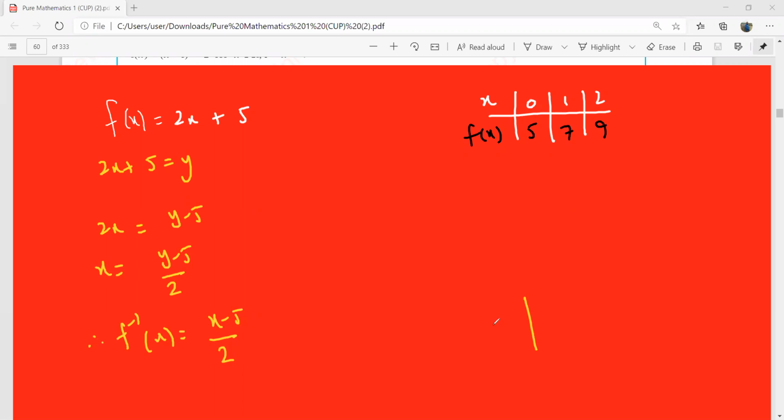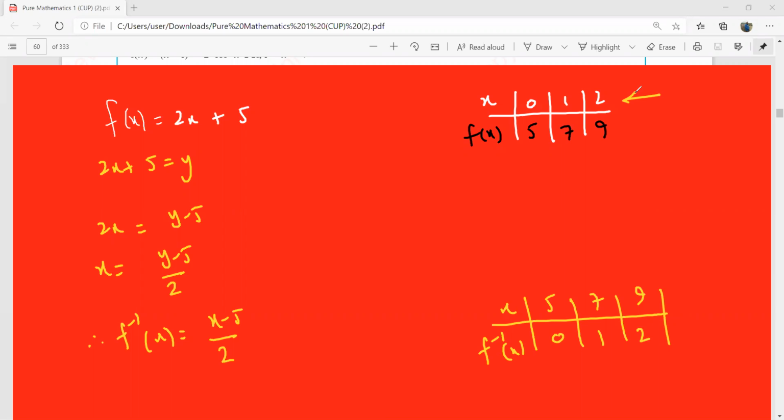Now, if I show you x and then f inverse of x, I'll be keeping this 5, 7, and 9 as my x. This is my domain. And I'm going to get 5 minus 5, that is 0, 7 minus 5 over 2 is 1, and 9 minus 5 over 2 is 2.